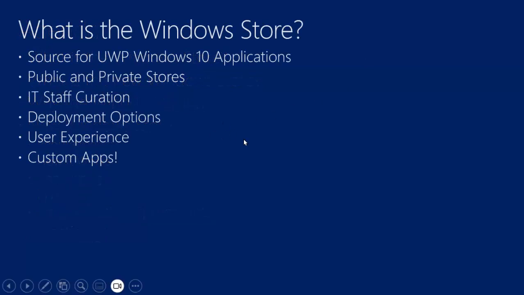Okay, so what is the Windows Store? Well, the Windows Store historically has been a source for UWP Windows 10 applications on various device types and so on. Right? It has got two components typically: the public store, the private store.